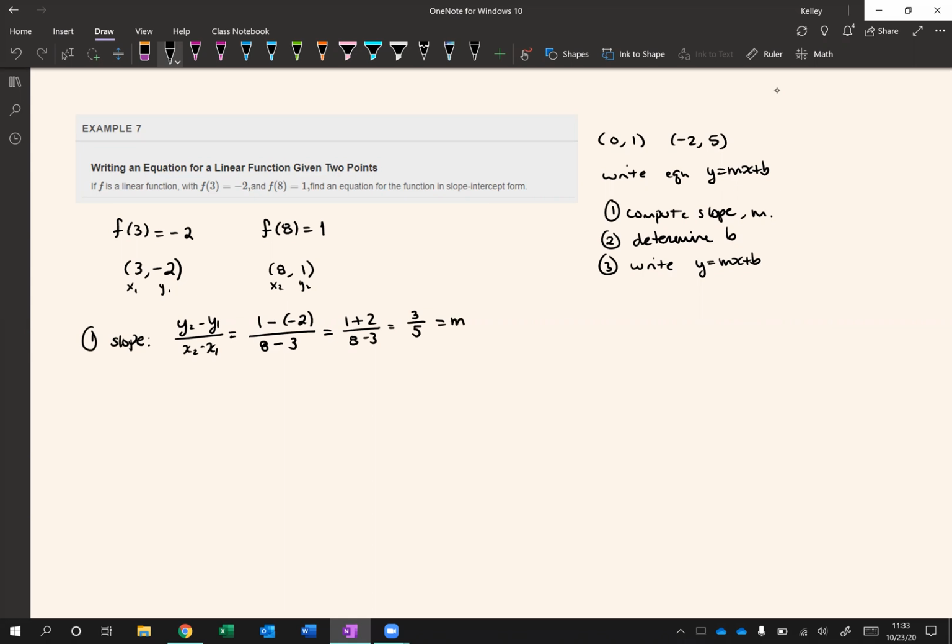So in order to determine b, I know that y = 3/5 x + b, but I don't know what b is. So I'm going to use either point to plug in here, and then I'll be able to produce b.